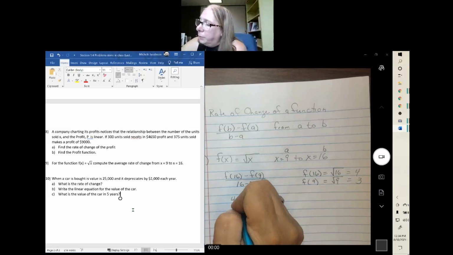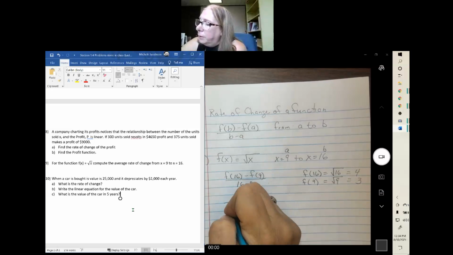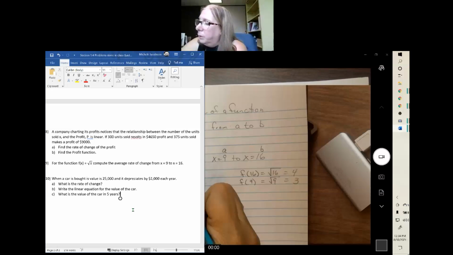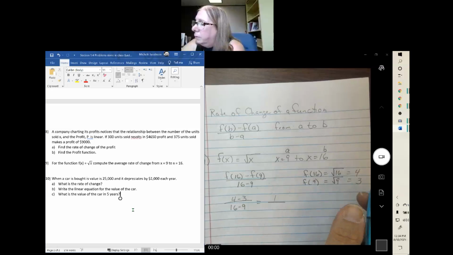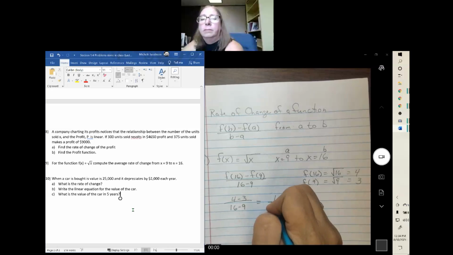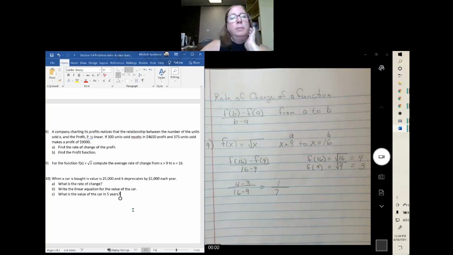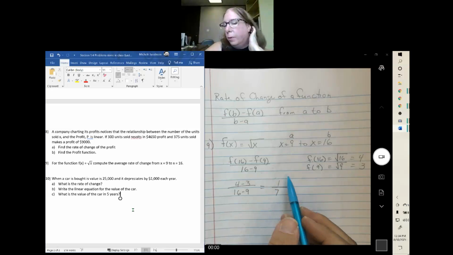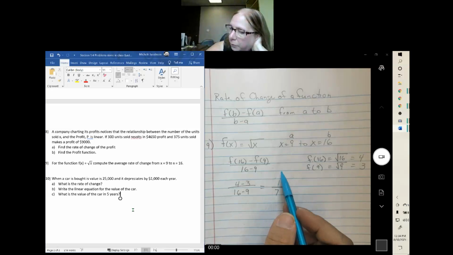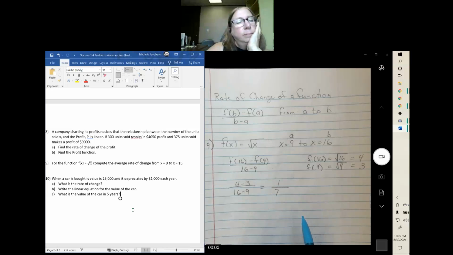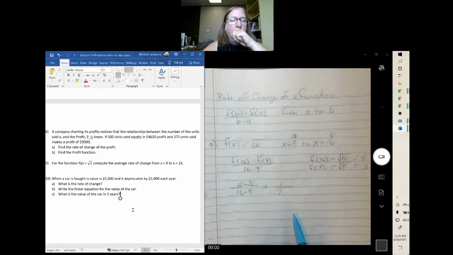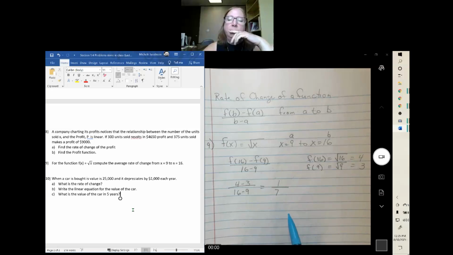We have 4 minus 3 over 16 minus 9, which is 1 over 7, or 1/7. So the rate of change is 1/7. As y goes up by 1, x goes over by 7. Any questions on that?